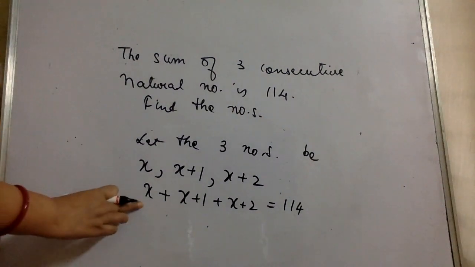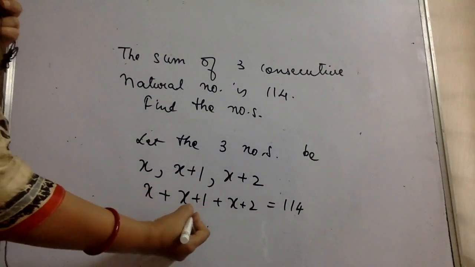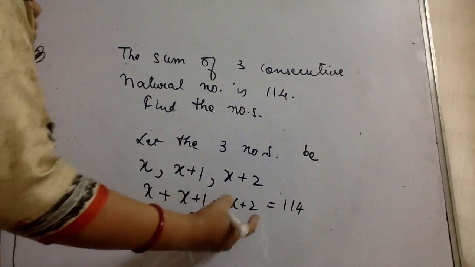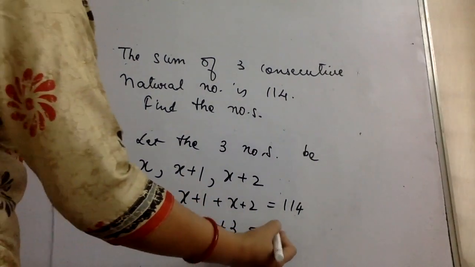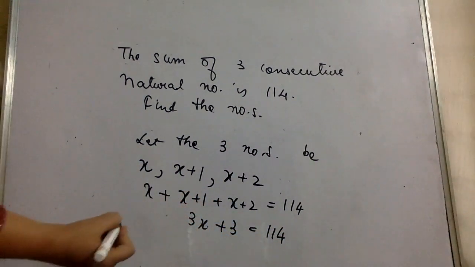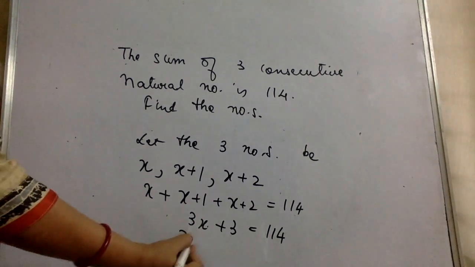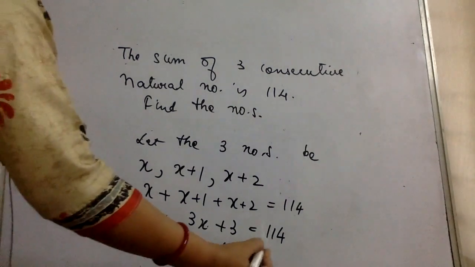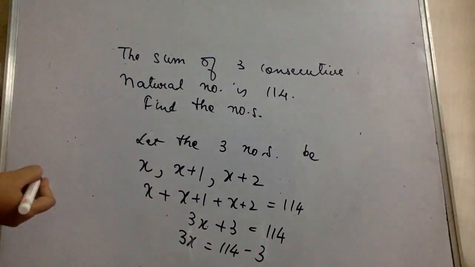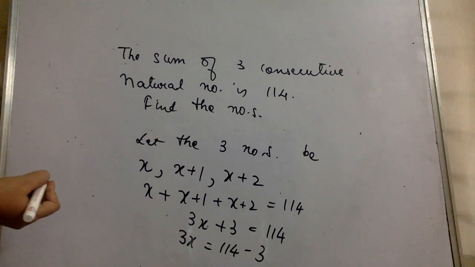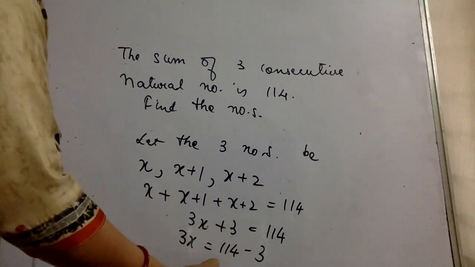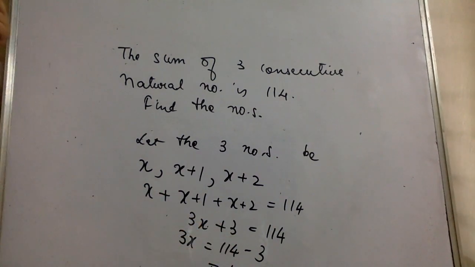Now we have 1 plus 2, that's 3, and 3x. So 3x plus 3 is 114. If this is 114, then 3x is equal to 114 minus 3, and that comes to 111.